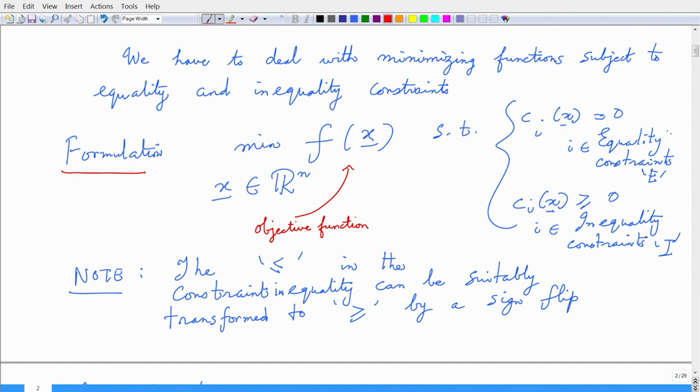The equality constraints state that Ci of x equals 0, and the inequality constraint can be Ci of x is greater than or equal to 0, and I can also make it less than or equal to 0. So, both sides it holds. Both of these cases are possible.